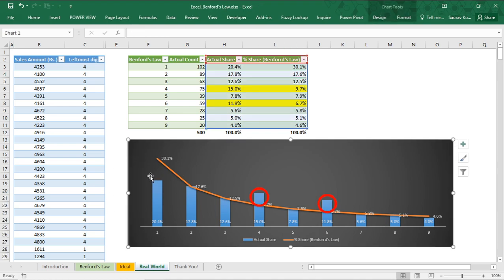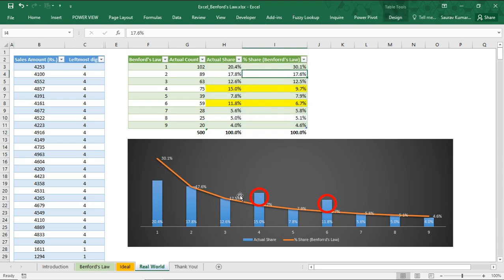If you look at the graph, instead of a 30.1% occupancy by numbers starting with 1, we are only having 20.4% numbers which are starting with 1, which means it has been compensated by some other digit or some other leading digits. What are they in this case? If you see closely, number 4 and number 6.